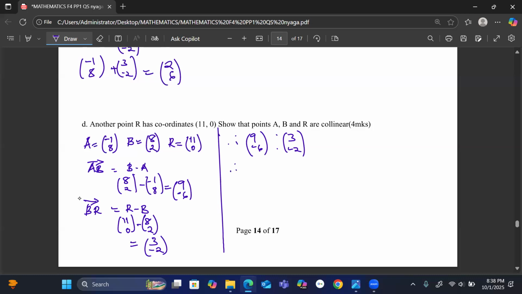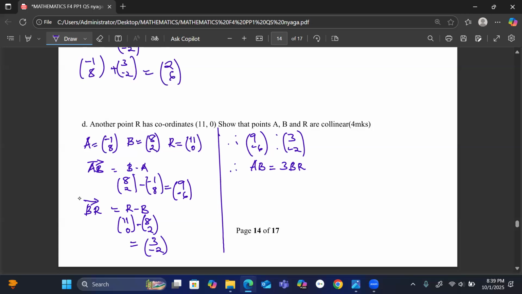Comparing the two, we can see that vector AB is equal to 3BR. When you take BR and multiply by 3, you get AB: 3 times 3 is 9, and -2 times 3 is -6. So AB is equal to 3BR.